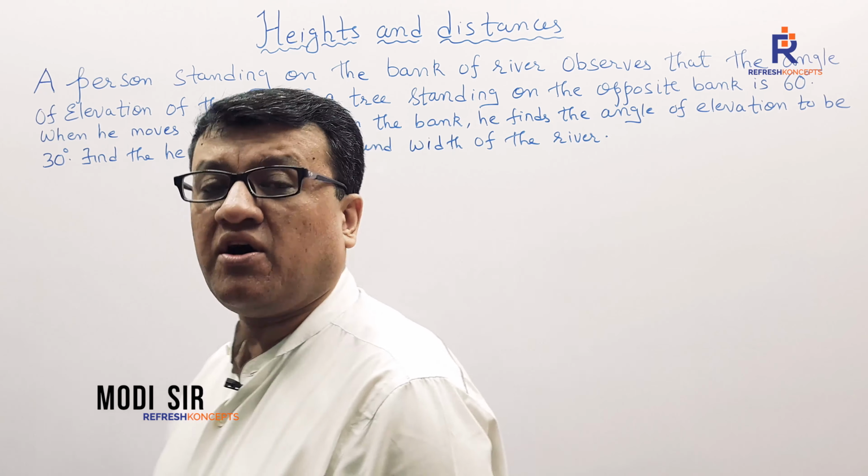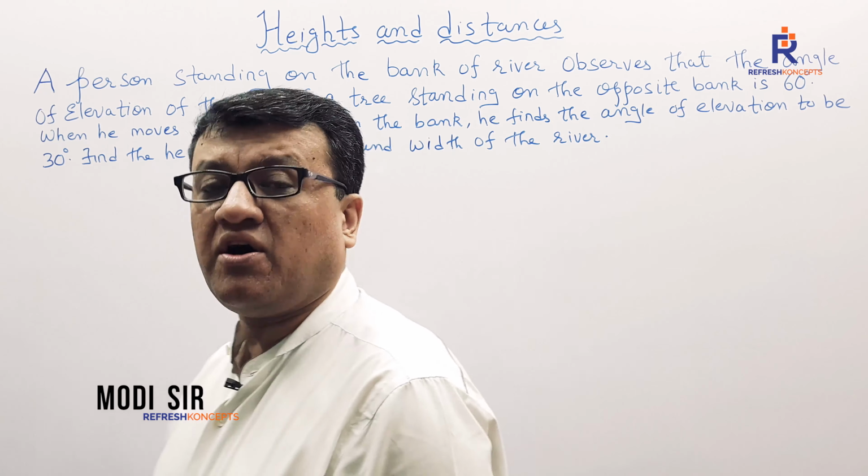That there is a tree, and a person standing on the opposite side of the bank. So you can say this could be the width of the river. He observes the top of the tree with an angle of elevation of 60 degrees.